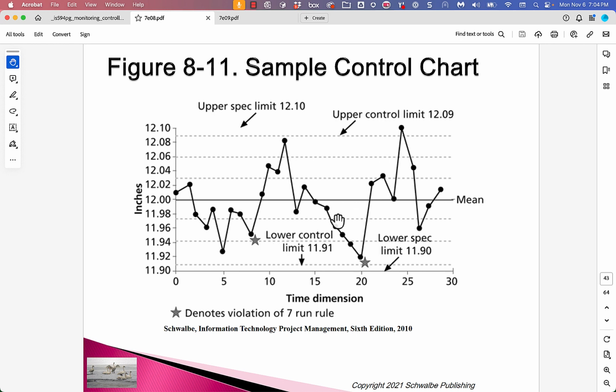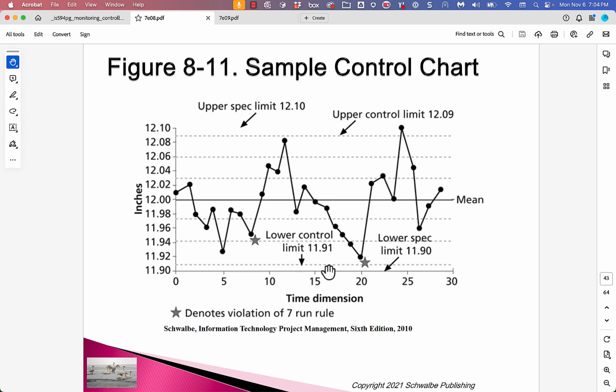The other thing is that we're looking for the deviations above and below to be random, and we shouldn't expect them to be increasing.